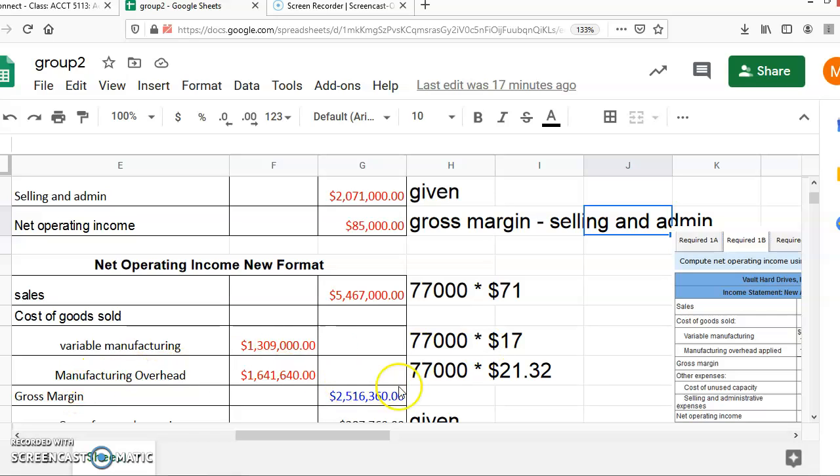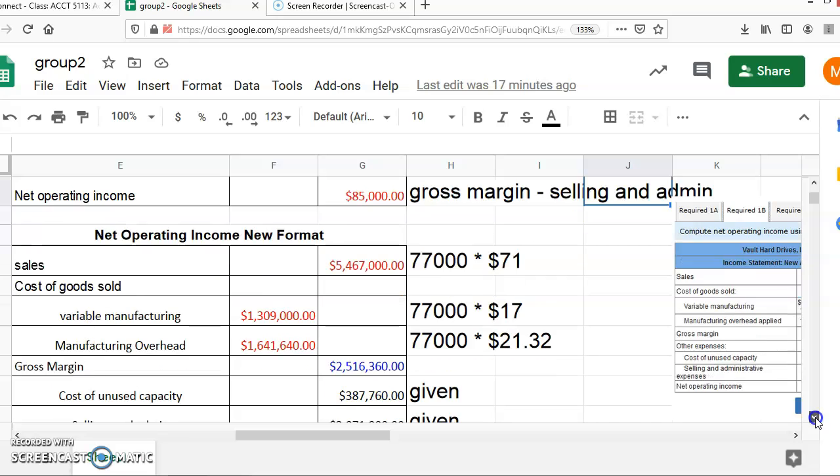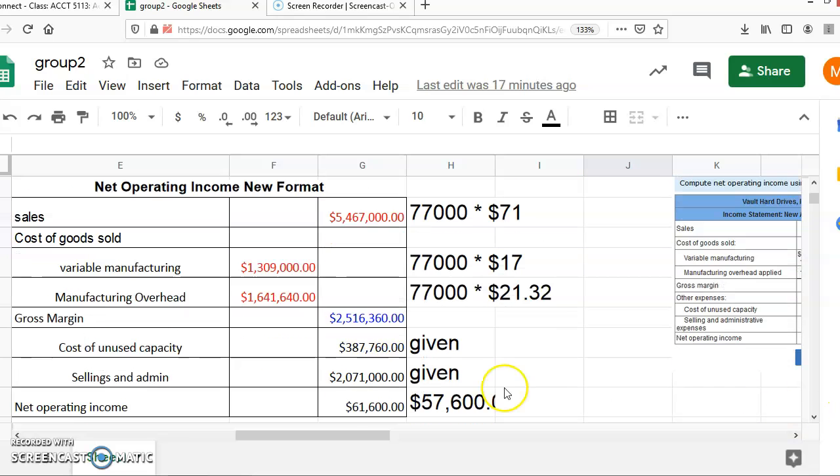Manufacturing overhead, multiplying 77,000 units by $21.32. Cost of unused capacity was given. Selling and administration was also given. Then we got to the net operating income.